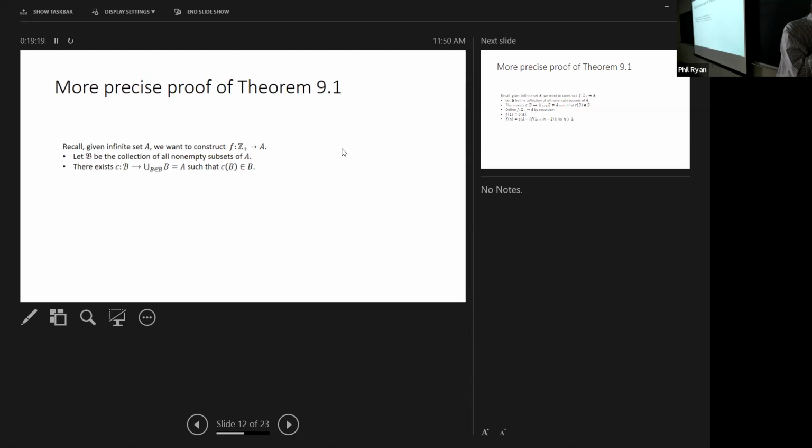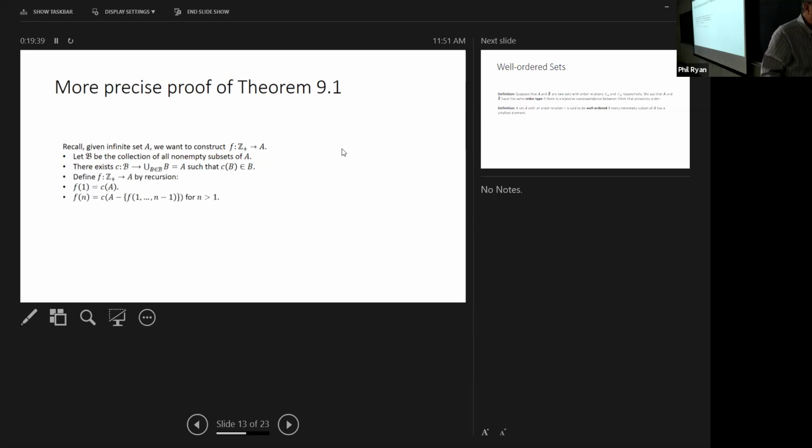So we have C of B, the choice function acting on a subset, is an actual element of B itself. And so now our recursion has no problem. Now we can define our function f by f of 1 is just using the choice function on A. It seems kind of flimsy, but it's now concrete.